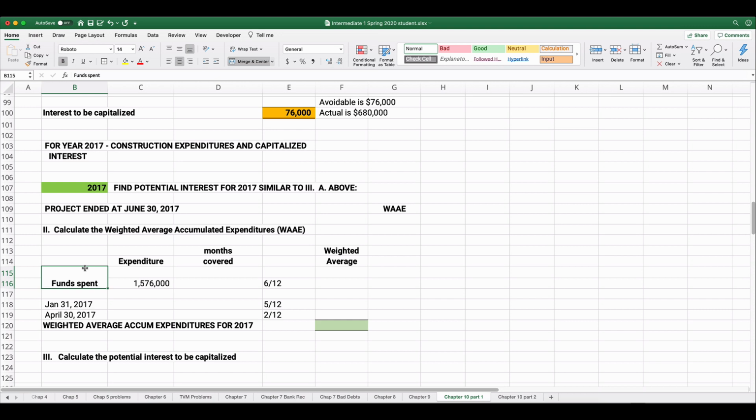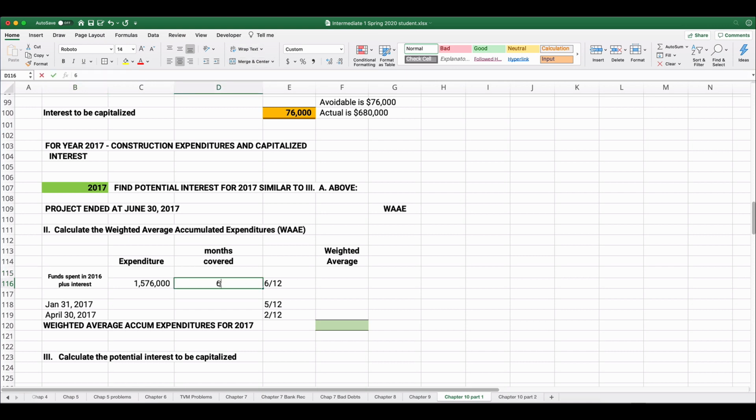Funds spent in 2016 plus interest. Make this a little bit smaller, maybe we can see it. Okay, the funds we spent in 2016 plus the capitalized interest, and we only have 6 more months.